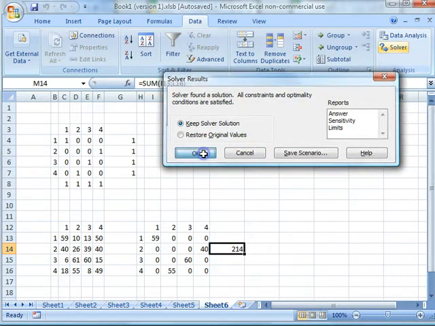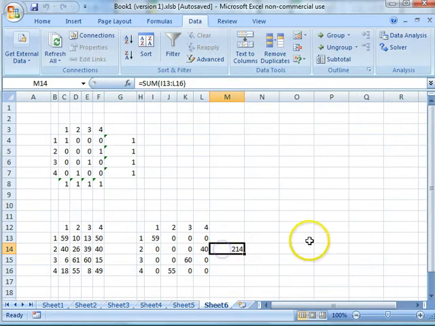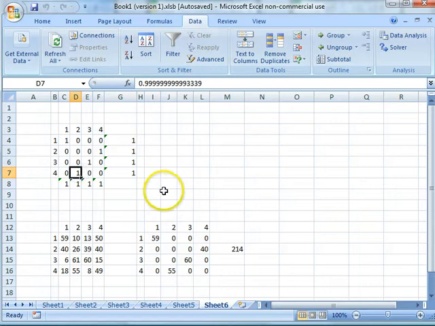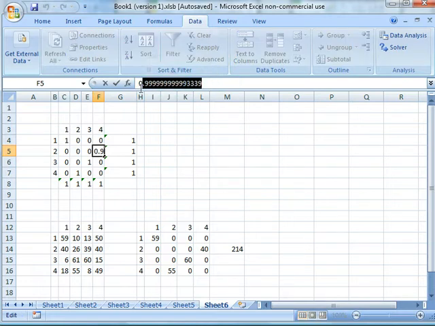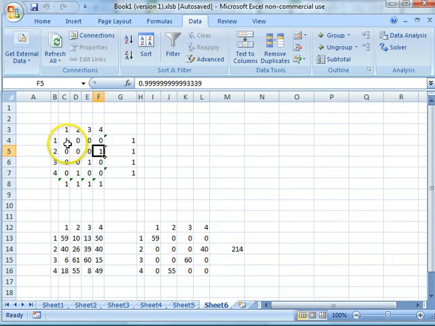And we obtain a solution for which the total benefit for the society would be 214, with the assignment being 1, 4, 2, 3, 3, and 2, 4. Notice that there is a rounding process, but for all purposes it's a 1, and we obtain those values in a very fast way.